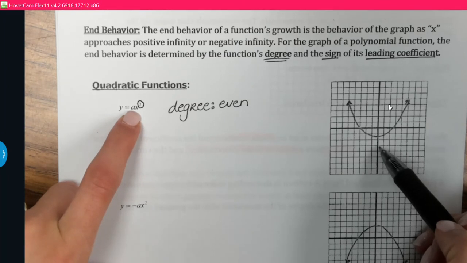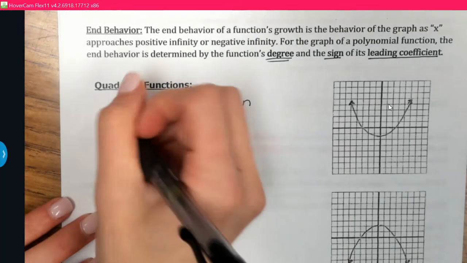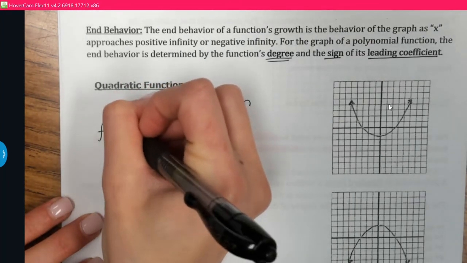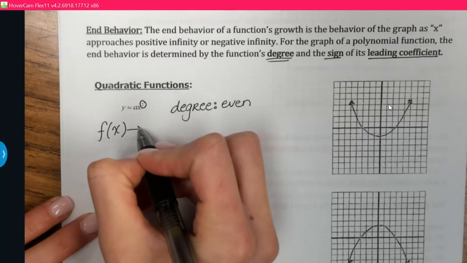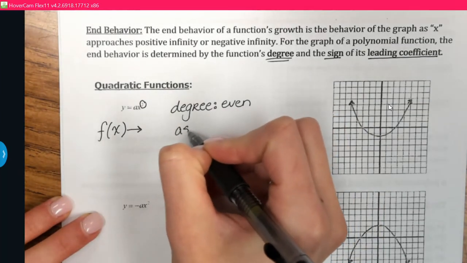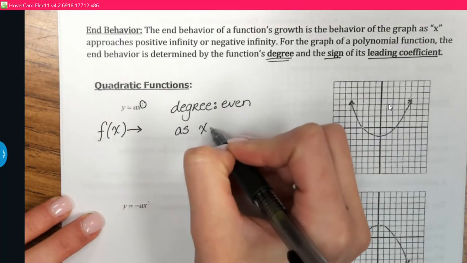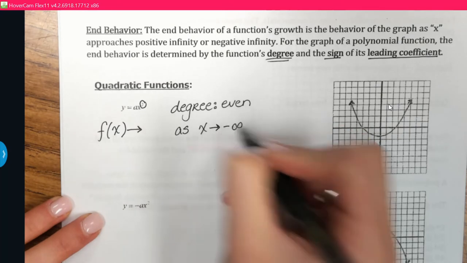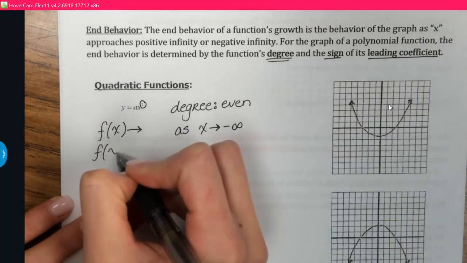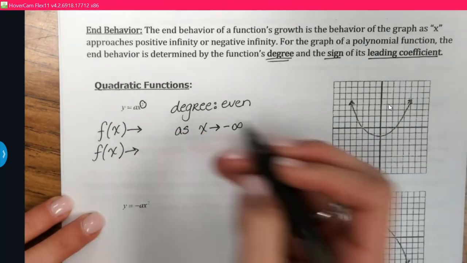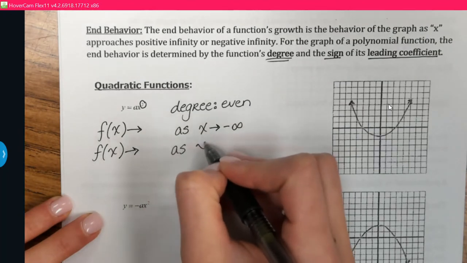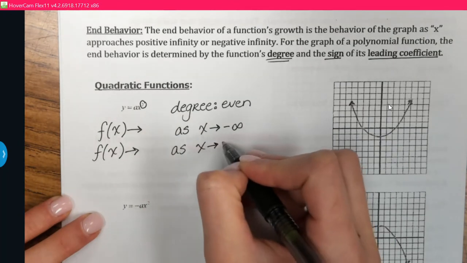Every single time you have to describe the end behavior, we're going to describe what happens to f of x and where it approaches as x approaches negative infinity, and then what our function approaches as x approaches positive infinity.